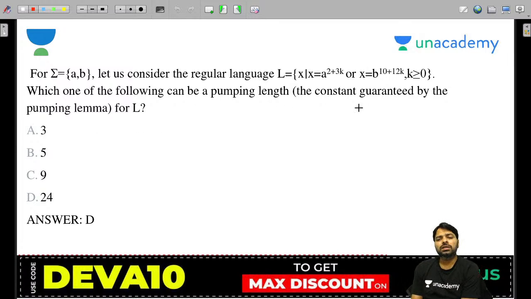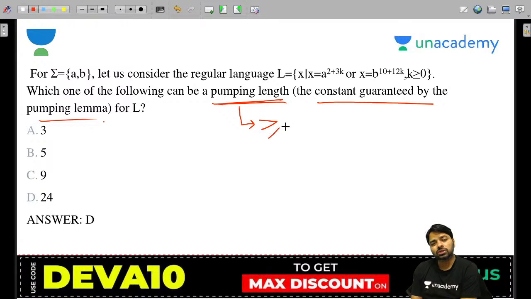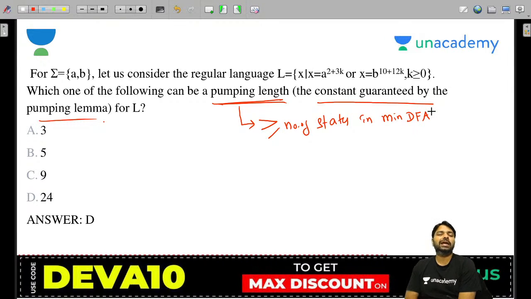The pumping length, that constant, whatever you choose, for regular languages is going to be greater than or equal to the number of states in the finite automata. It is better to use the minimum DFA all the time instead of an NFA. Of course you can use that, but the minimum DFA is the best choice to understand.